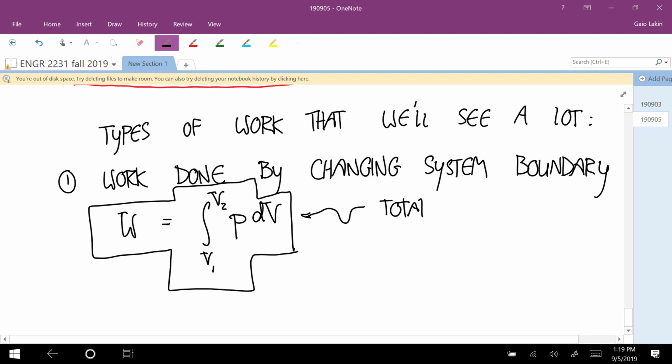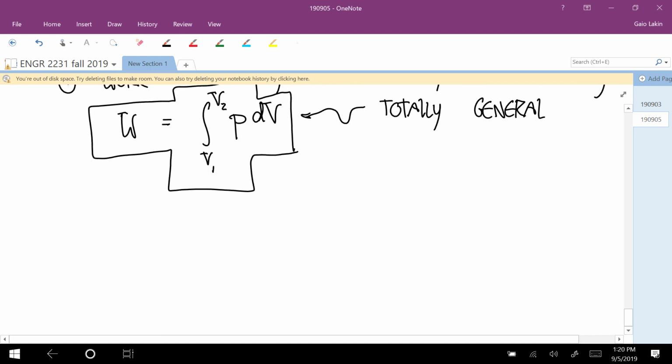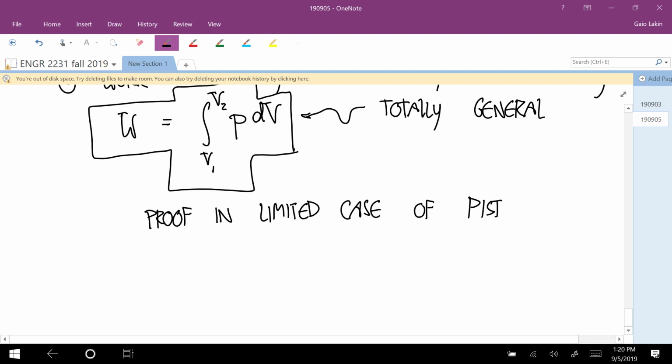But am I gonna? Well, yeah, so let's think about it. This is like a proof in the limited case of a piston and cylinder. Okay, so I'm not proving that it's totally general, but it gives you a sense of where this comes from.